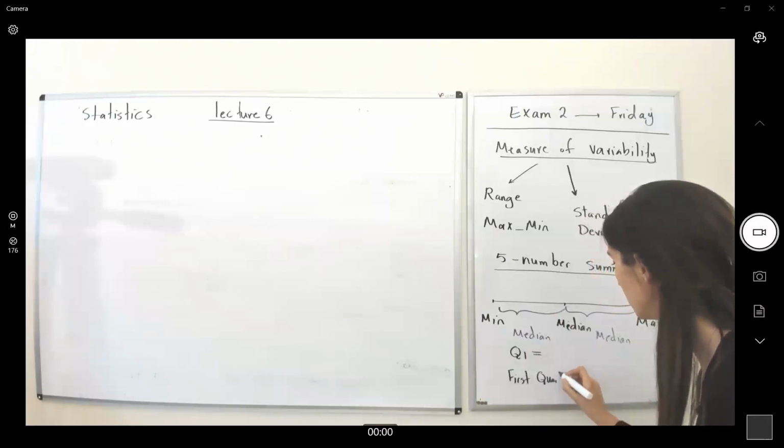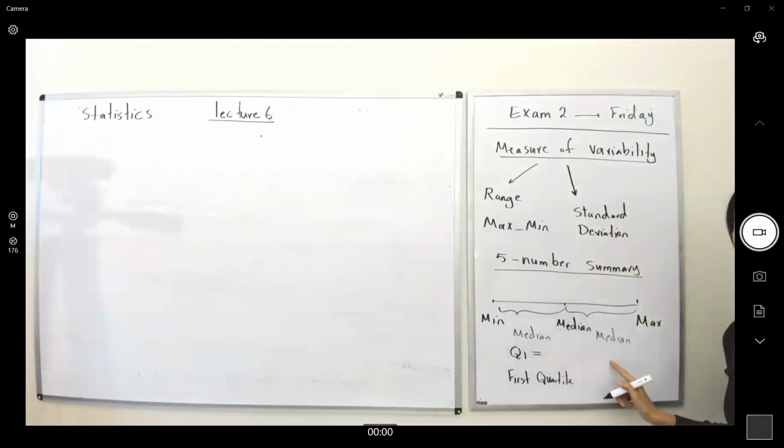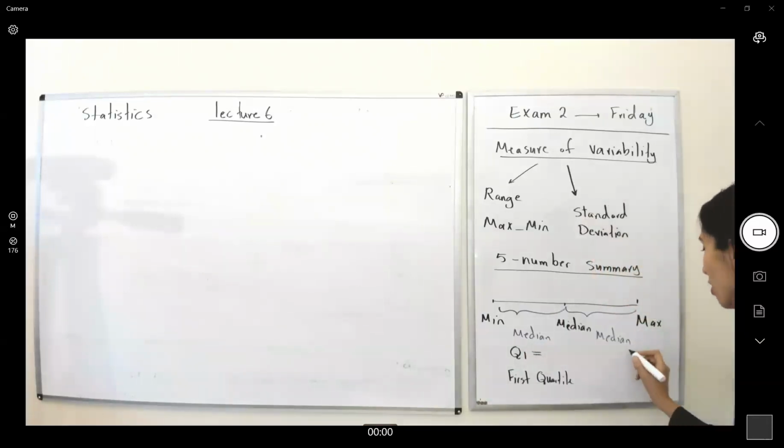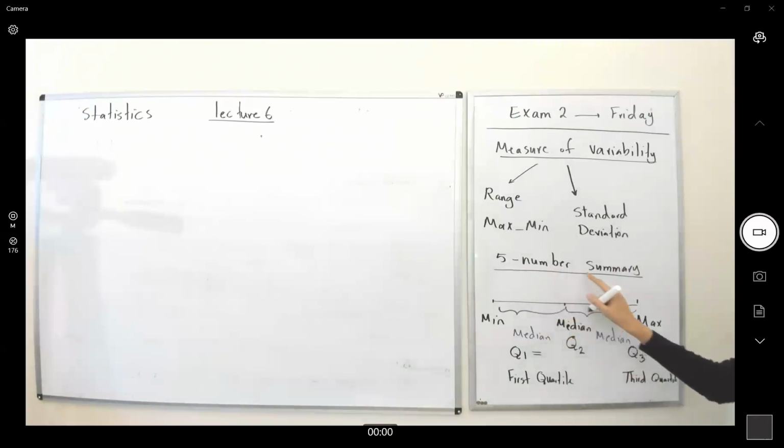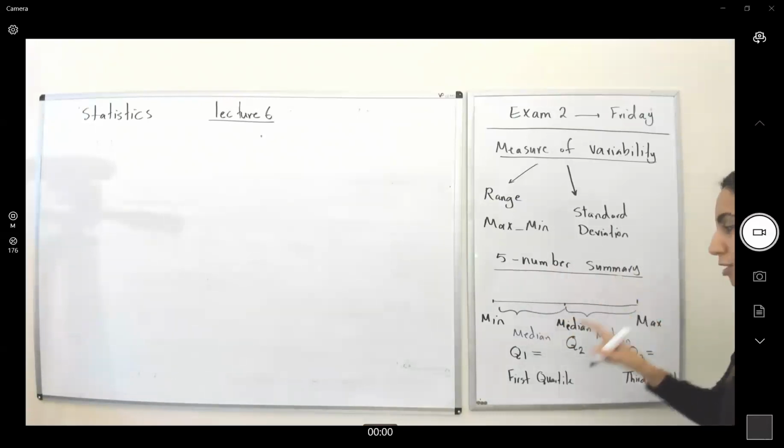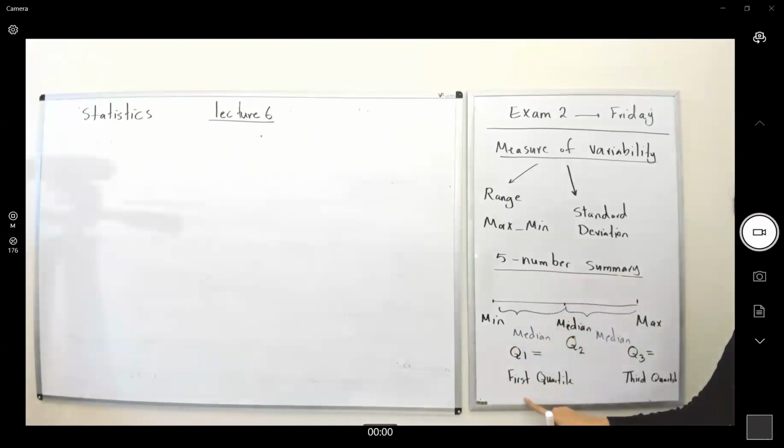The median for the second part of your collection is called the third quartile. And as you guessed, the median, you can leave it as median or you can call it the second quartile. 5-number summary to analyze the data: minimum, first quartile, median, third quartile, and the maximum value.